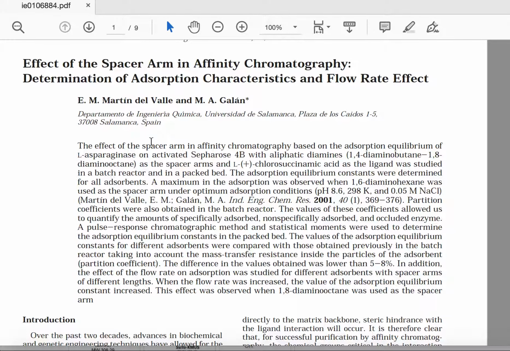I just want to know the effect of the spacer arm in affinity chromatography based on the adsorption equilibrium of L-asparaginase on activated Sepharose with aliphatic diamines. What the heck? Okay.